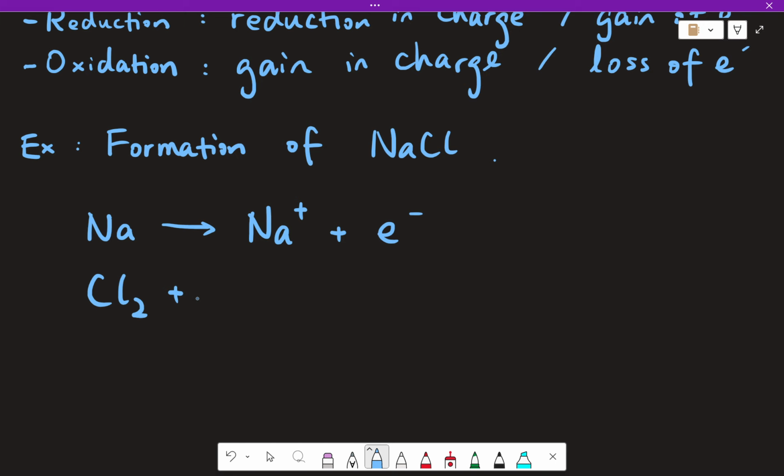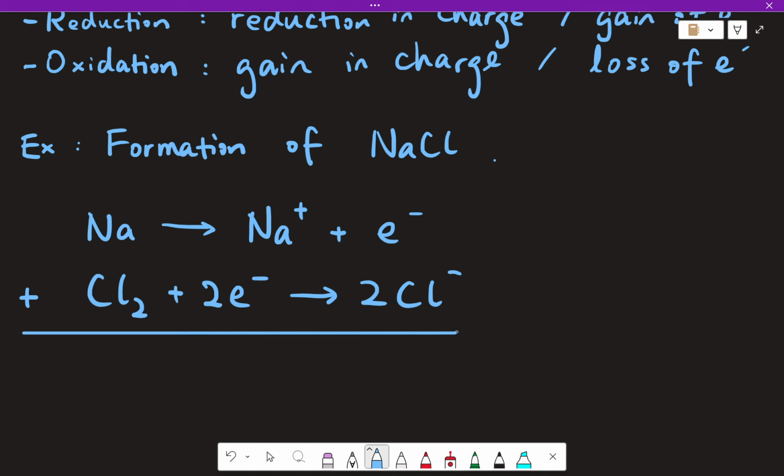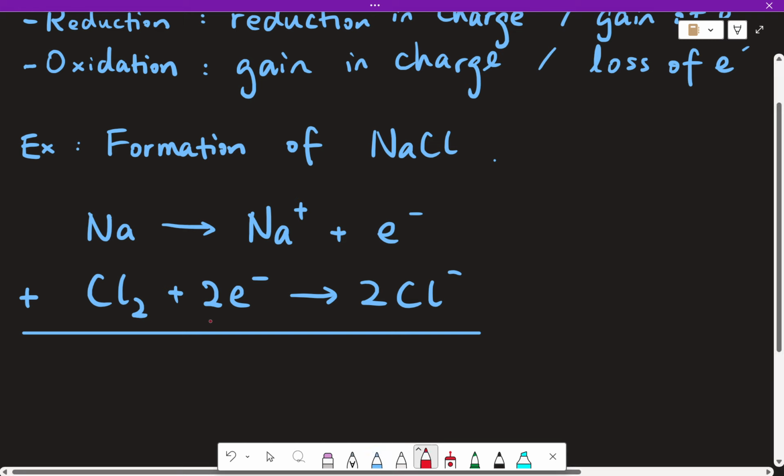Which means that if we have 2 chlorine atoms, they need to gain 2 electrons in total to become 2 chloride anions. And then we will do something like a mathematical addition like this. And since we have 2 electrons here, we want to make this 2 electrons as well. And the way we do so is to actually multiply the whole first equation by 2.